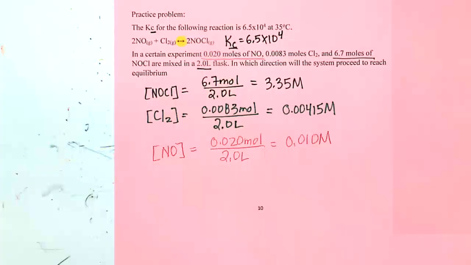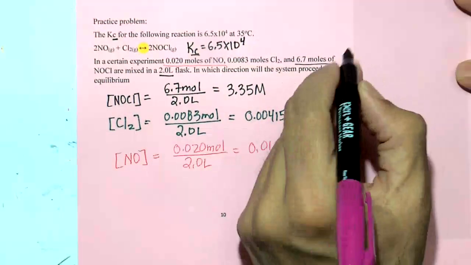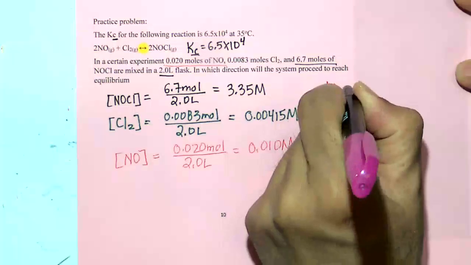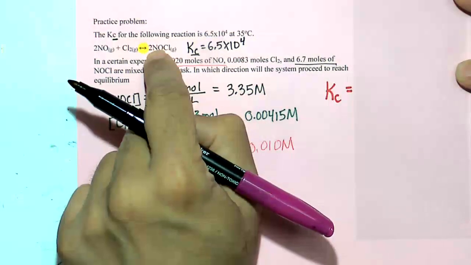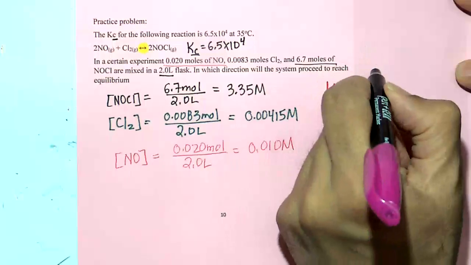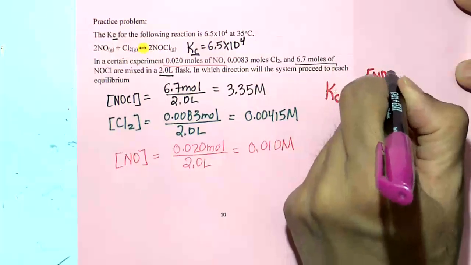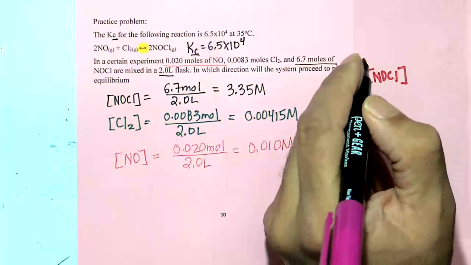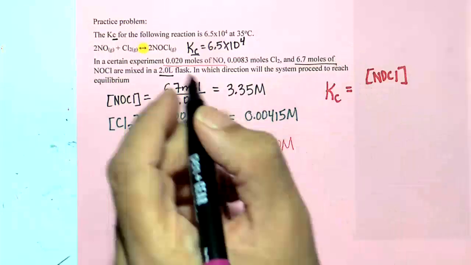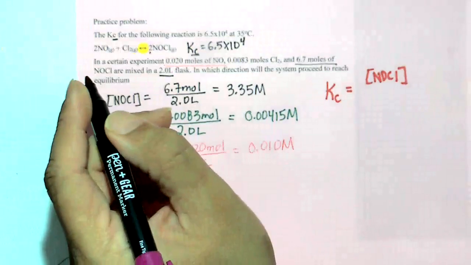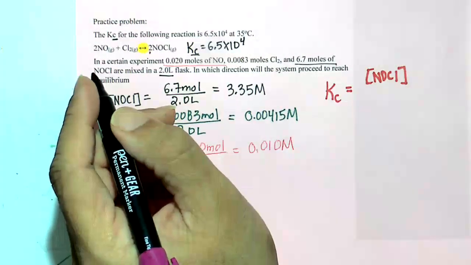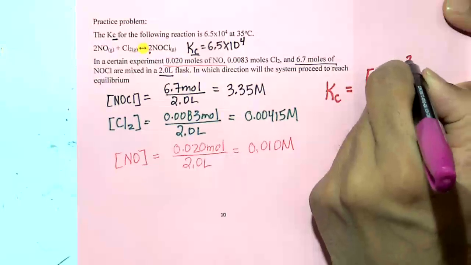All right, what is Kc? It's products over reactants. NaCl, what should we do with that NaCl? What do you think about that 2? Square it.